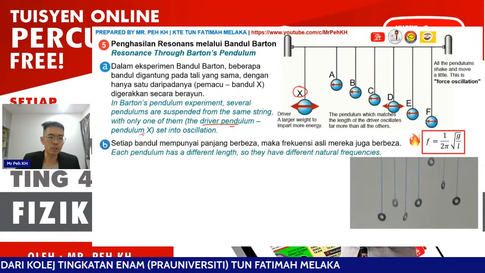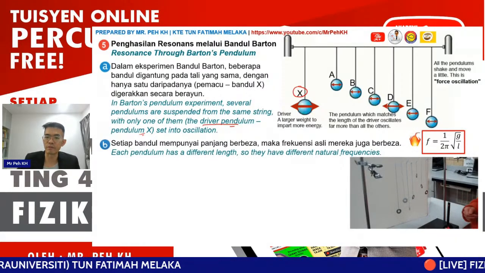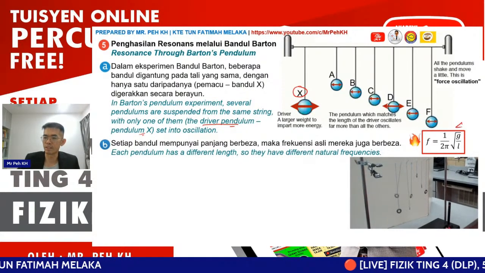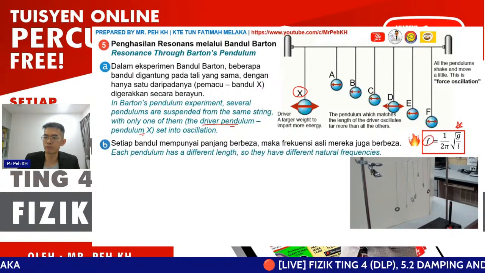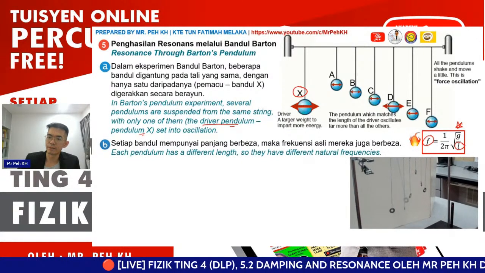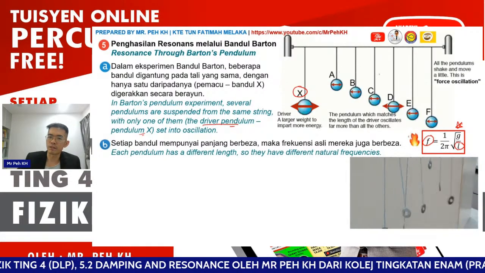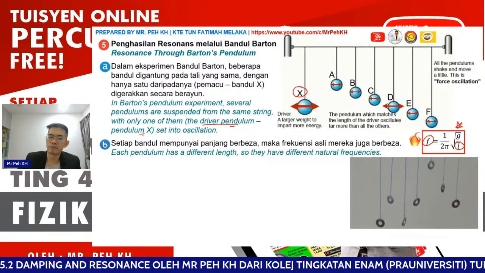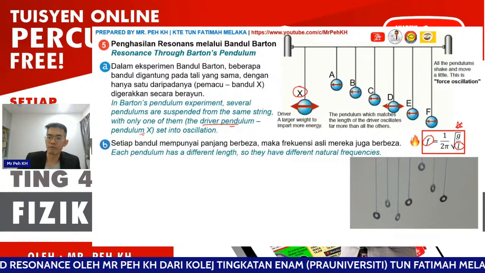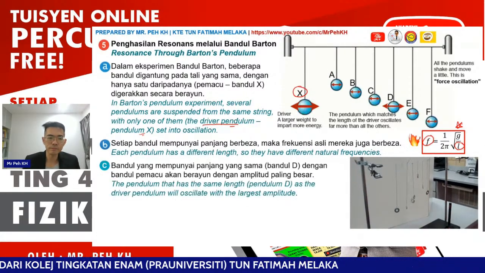Then each pendulum has a different length so that they have different natural frequencies. This one we discussed already, right? The natural frequency for the simple pendulum is affected by the length. So the different lengths show that the respective pendulums have different natural frequencies.